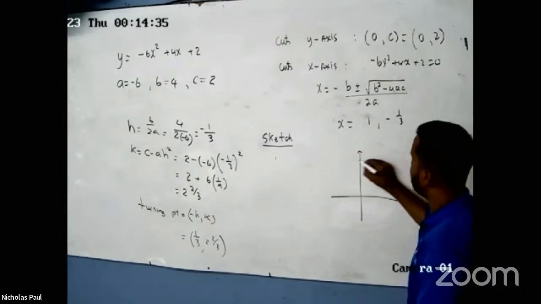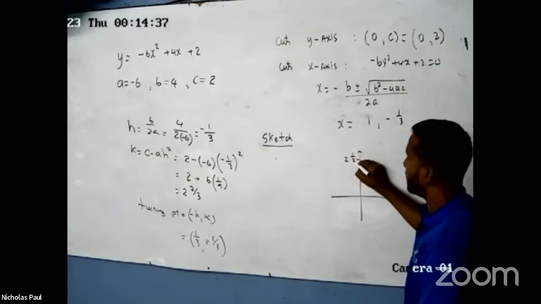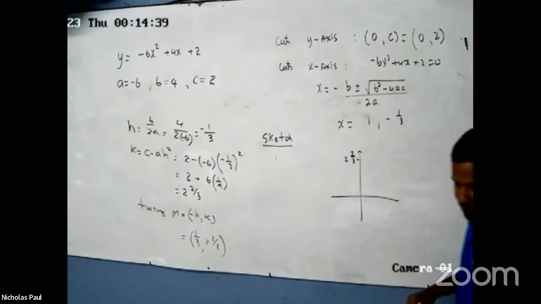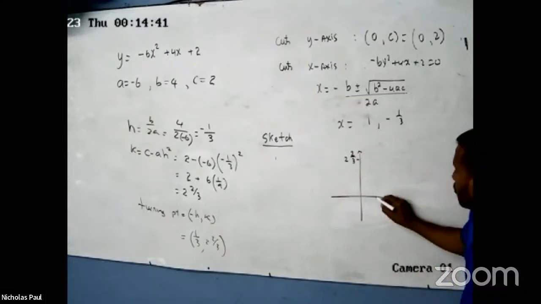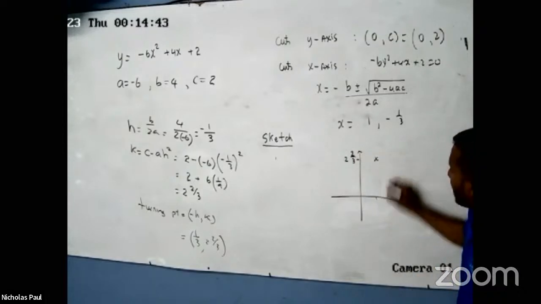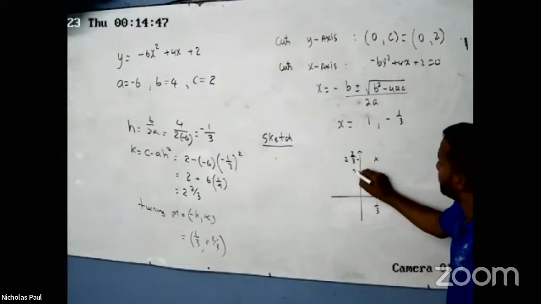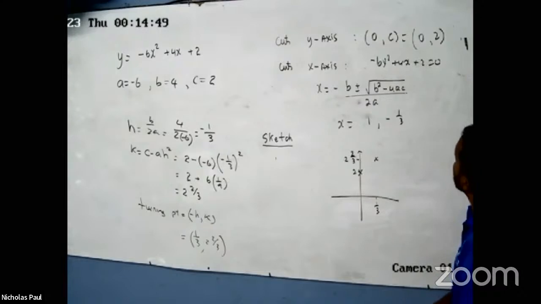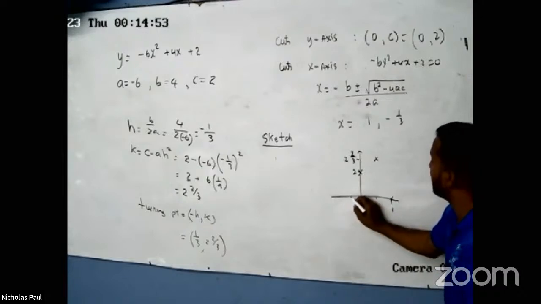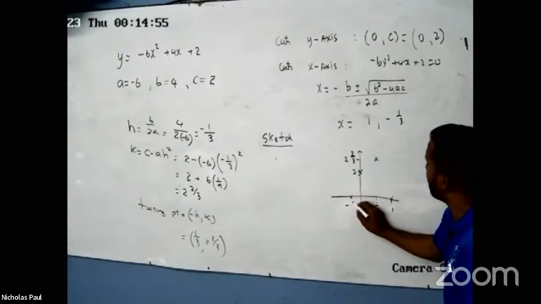Turning point, that's here. 2 and 2/3 and minus 1/3. That's somewhere here. It cuts the y-axis at positive 2, so that's here. It cuts the x-axis at positive 1 and negative 1/3.